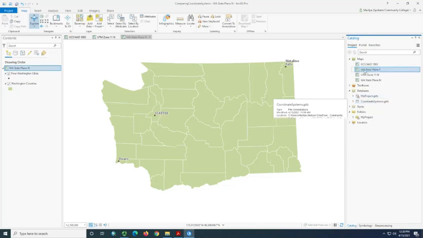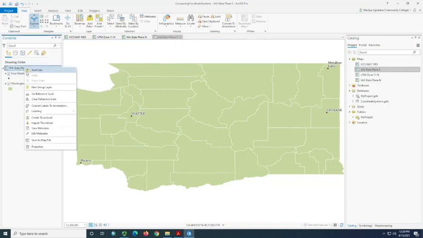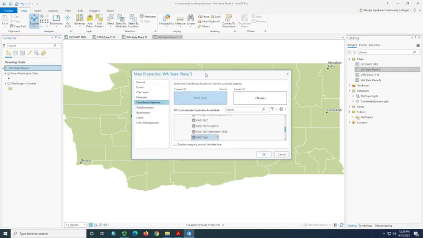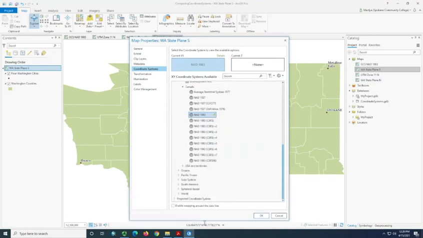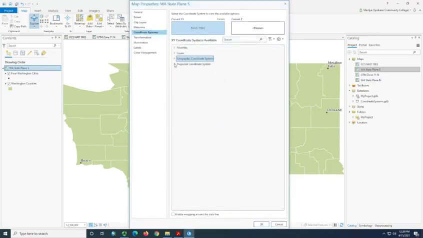And I'm going to add it to my map. Right click, open. All right, I'm added to my project here. Okay, so it's stretched out. It's not actually in state plane south, but let's put it in it by going down to properties, coordinate systems, and projected coordinate system.